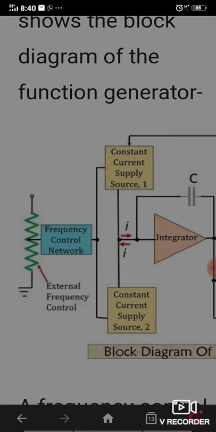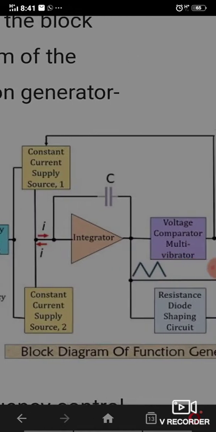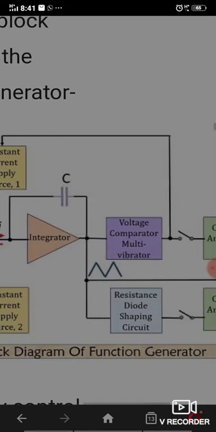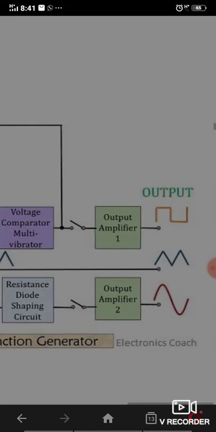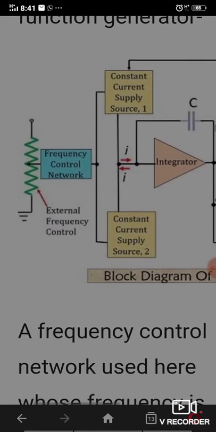Again we see frequency control network, external frequency control, constant current supply source 1, constant current supply source 2, integrator, capacitor, voltage comparator, multivibrator, resistance diode shaping circuit, output 1, output 2.